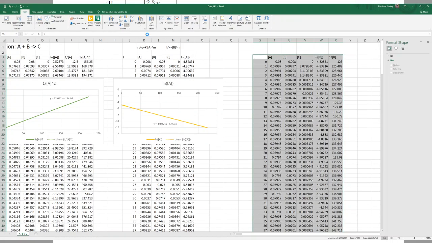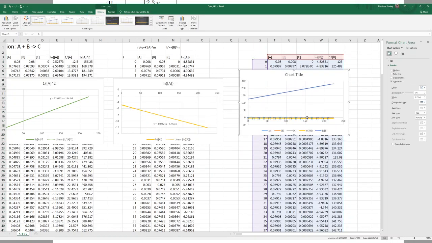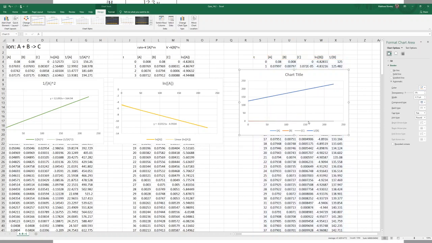Insert a scatter plot with smooth lines, and now that looks the way we want it to. That looks like a straight line. Get rid of these others just to clean it up a bit, and add a trend line. So we've got the equation displayed on the chart.